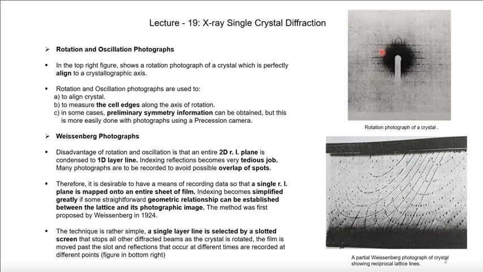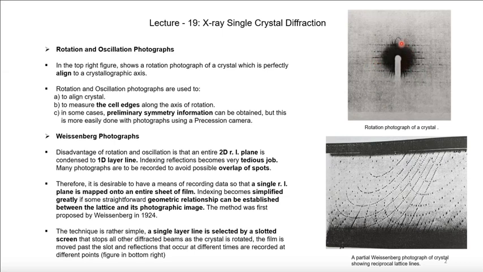On the right, you see a figure for rotation photography of a single crystal. This figure immediately tells that the crystal has been aligned perfectly, because these rows are aligned properly and parallel to each other.